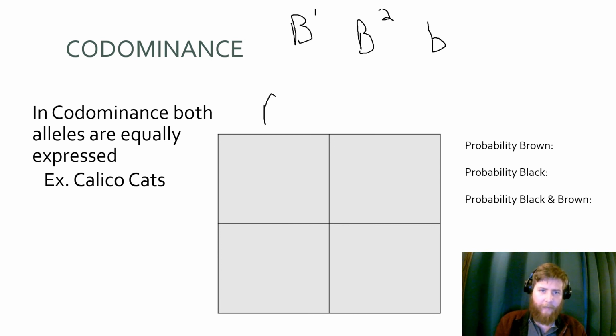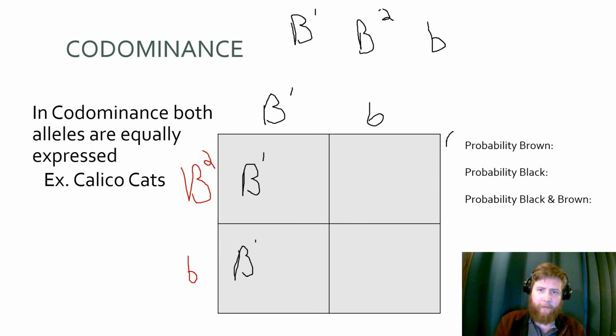So that brown, B1 with a white, and then a black, B2 with a white. Okay, so we'll take this brown one down. Just gonna put them over here too. I'm gonna put the B1 there. Put the B2 there.